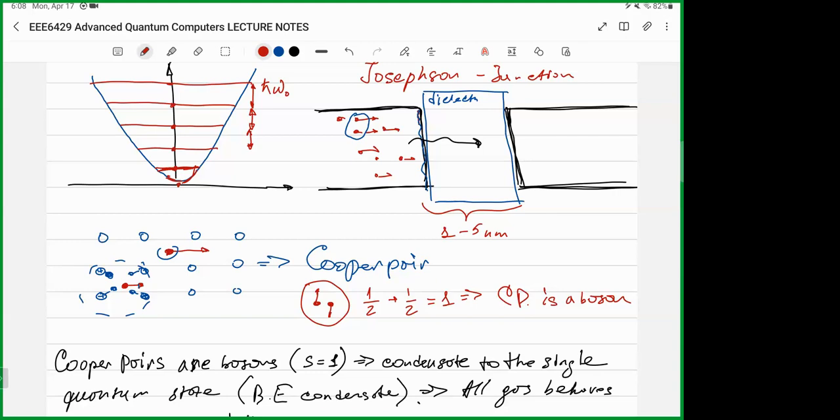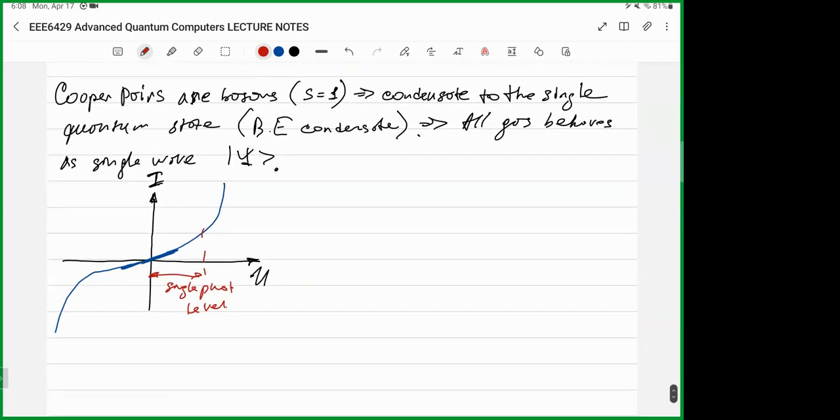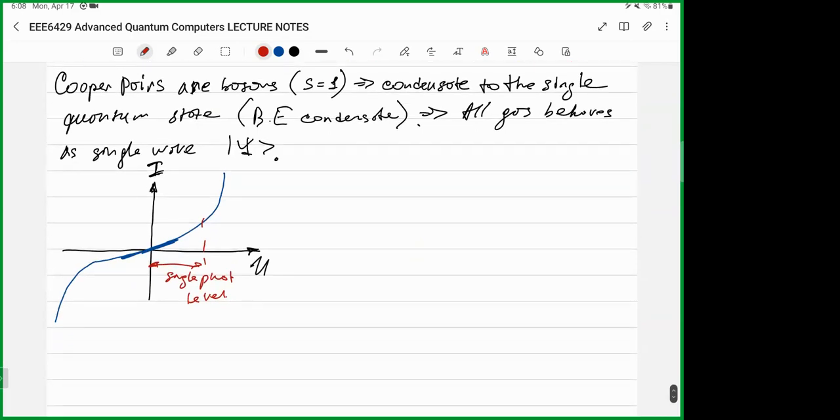If this junction gets a portion of a current with energy that corresponds to the energy of one absorbed photon, you get nonlinearity in the system.